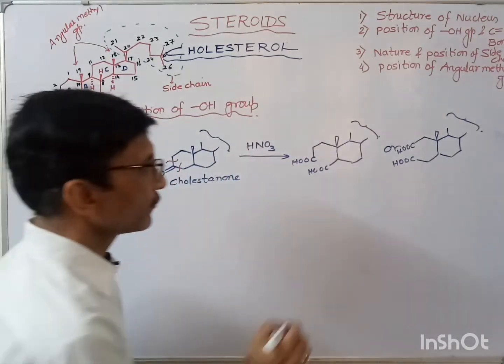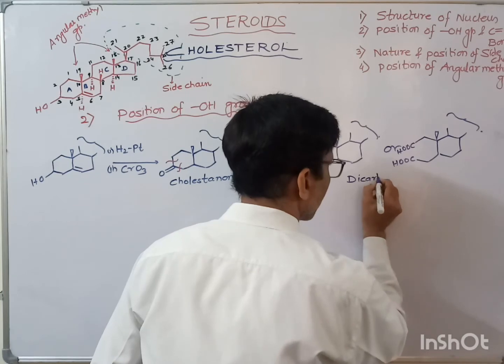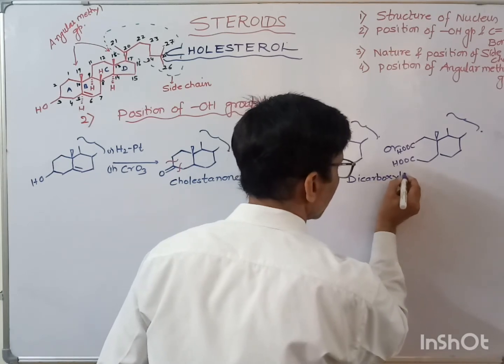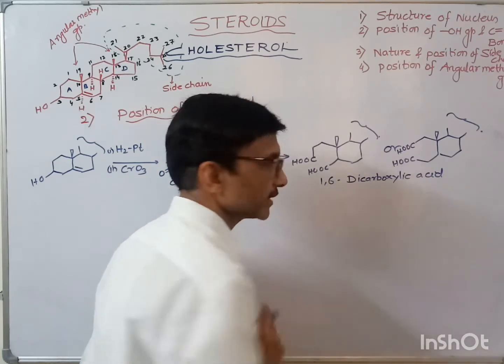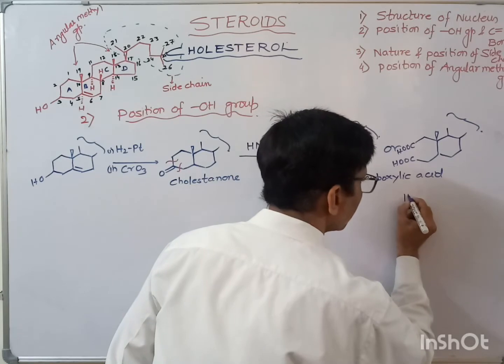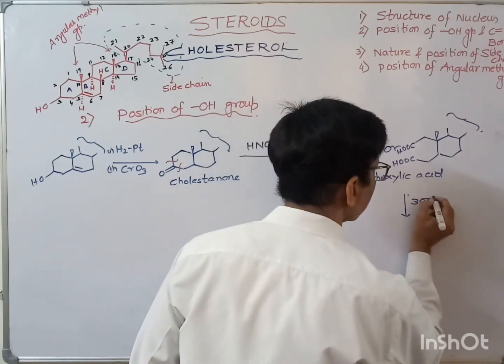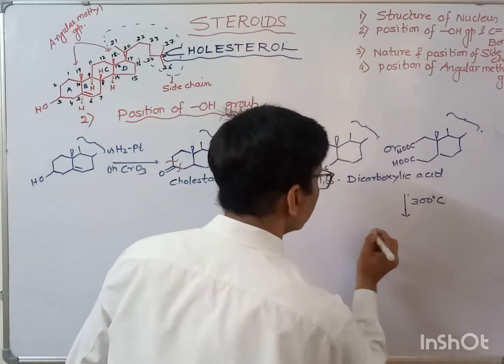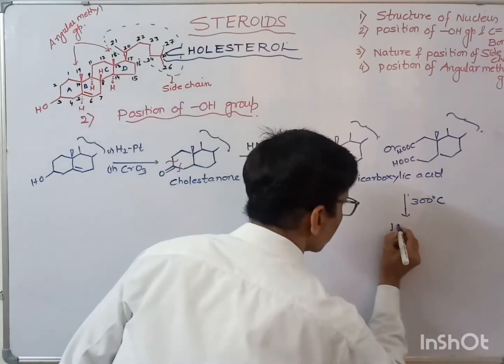It is a dicarboxylic acid, and actually it was a 1,6-dicarboxylic acid. Further, when it was heated at 300 degrees Celsius, a ketone was obtained.